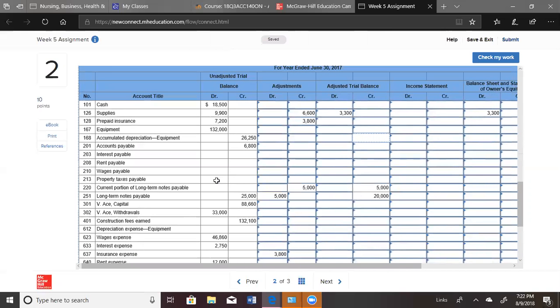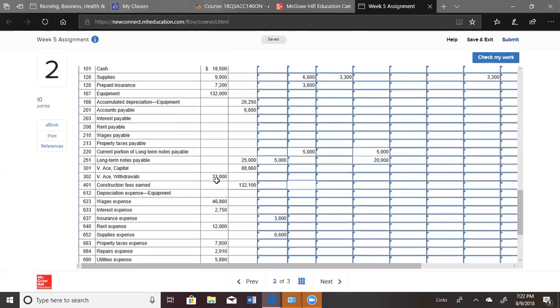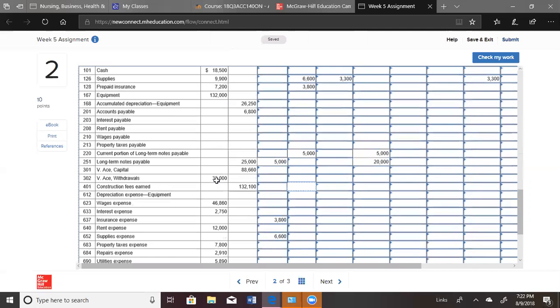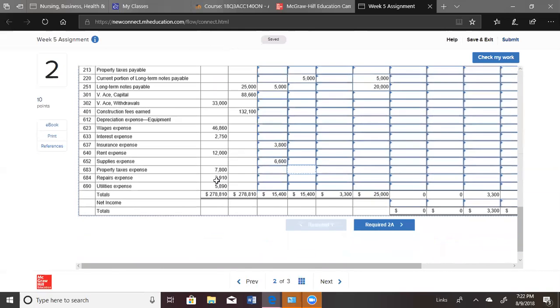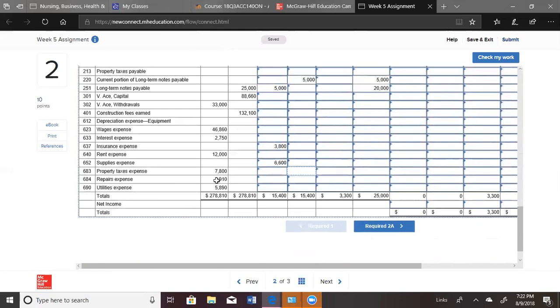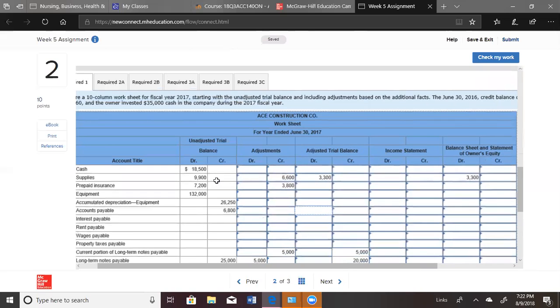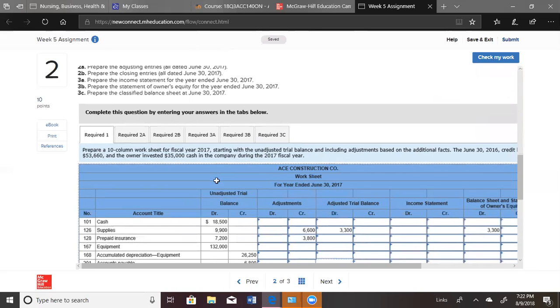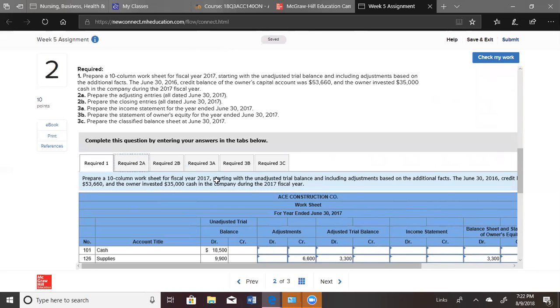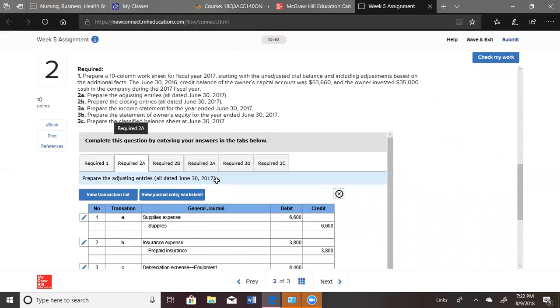I get what you're saying now. Okay, so $8,400 for accumulated depreciation, and then $8,400 for the depreciation too. And then you just put whatever it says, if it's a debit or credit, just put it there. Yes. Okay. God, I don't know why I'm getting so confused.